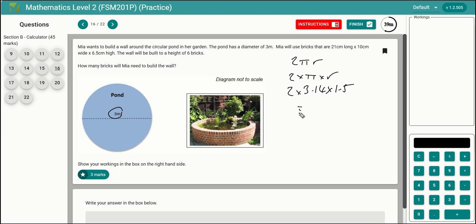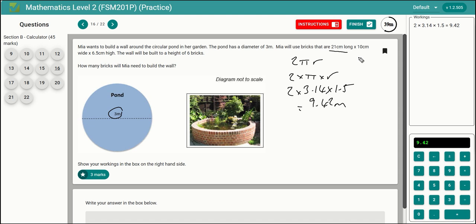So this is our first calculation for the circumference of the pond. So let's go for it. That is 2 times 3.14 multiplied by 1.5, and that comes to 9.42. Okay, so 9.42 meters, that is the circumference of the pond. Now the bricks are 21 centimeters long.